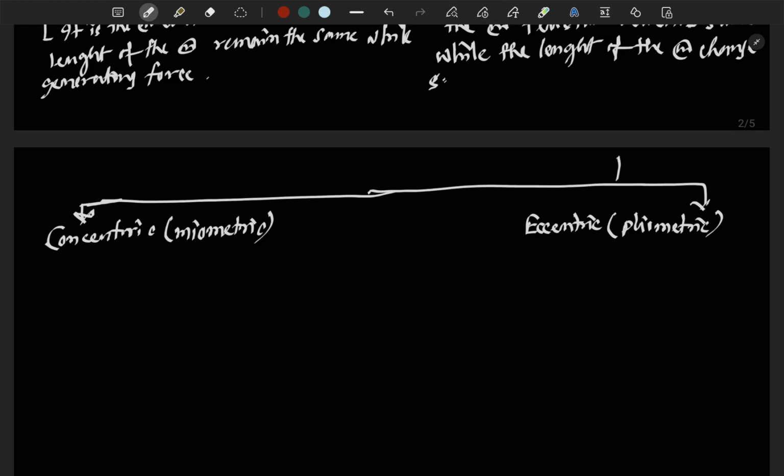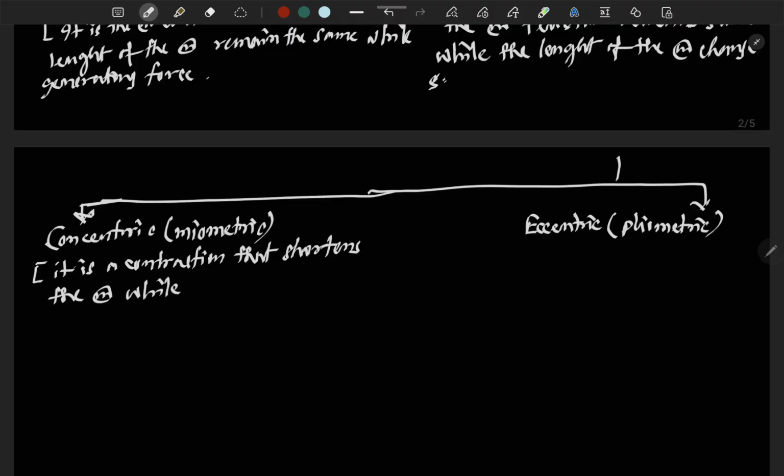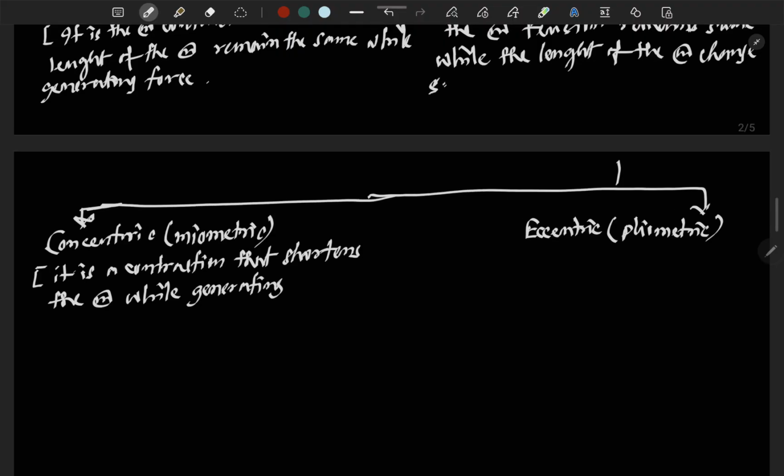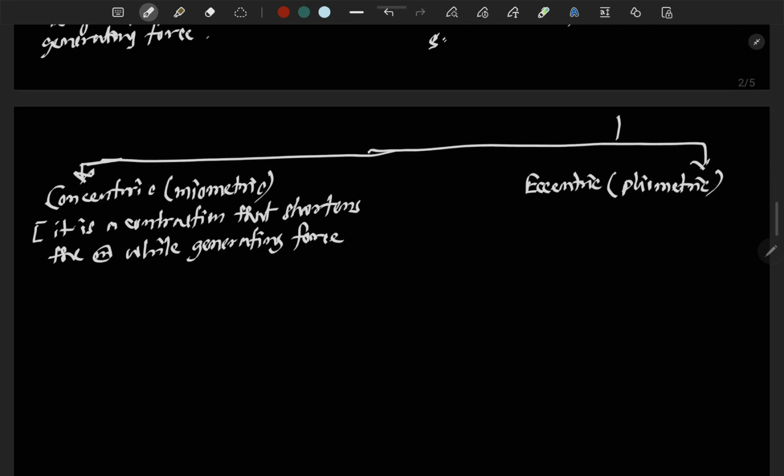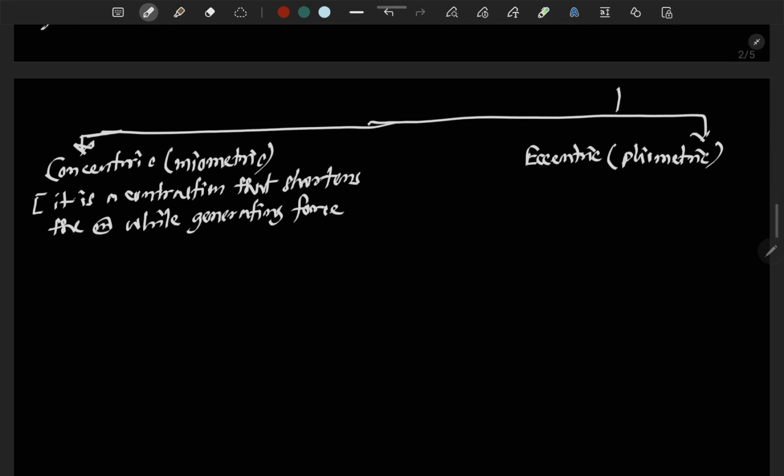Concentric contraction is the contraction that shortens the muscle while generating force. Suppose this is the hand, this is the biceps muscle.